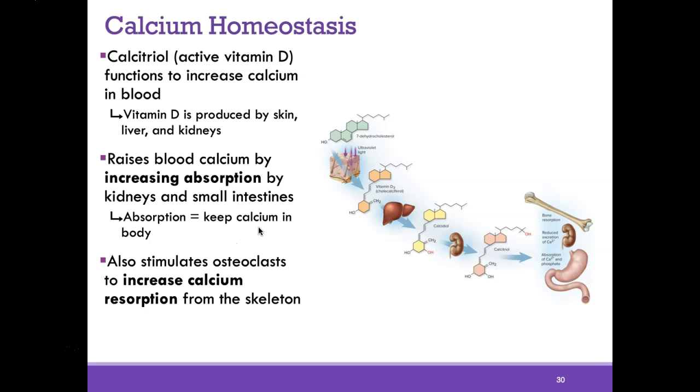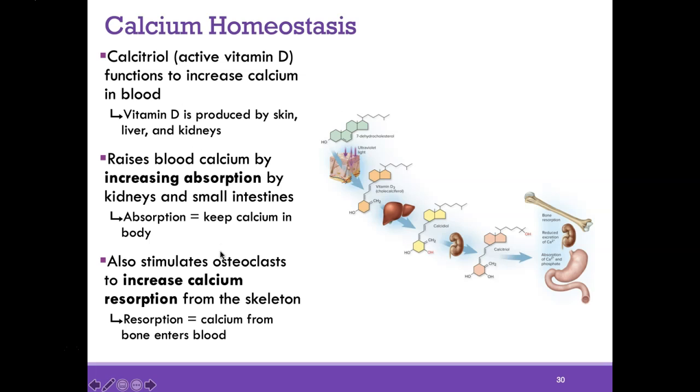Calcitriol can also stimulate osteoclasts to increase calcium resorption from the skeleton. What resorption means is we're going to take the calcium from the bone and put it into the blood. Remember, calcitriol will be released when we need more calcium in the blood.